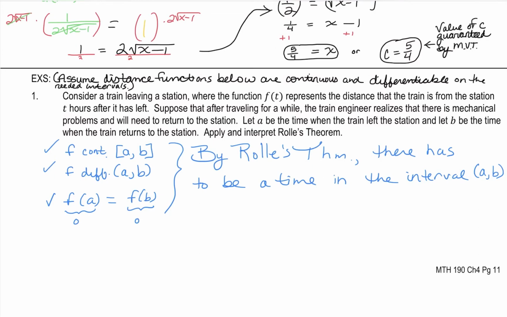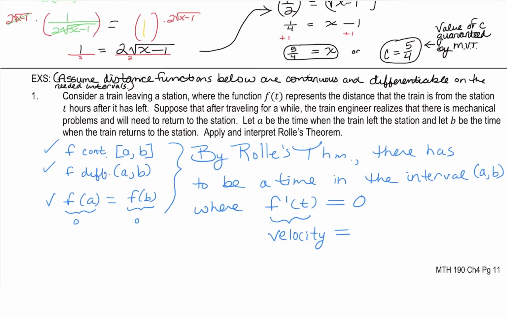So there has to be some time between A and B where f prime of that time is equal to 0. Well, the derivative of a distance function, the rate of change of distance, is our velocity function. It's how fast the distance is changing with respect to time.